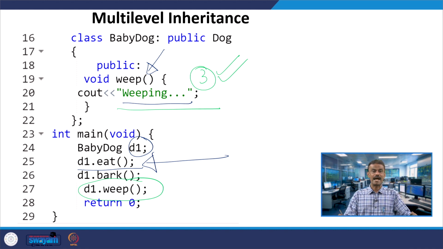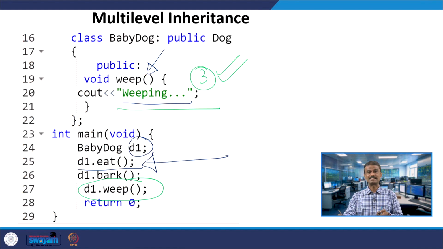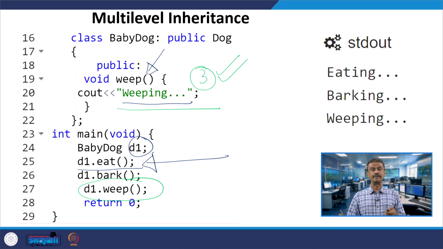When it is trying to access D1 dot eat, it is looking in the dog class. The dog class is available, and dog can access the animal. Therefore your void eat, line number 5, is being invoked, and the first output you get is eating.